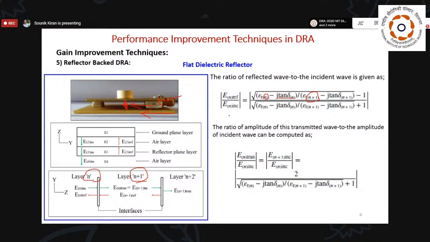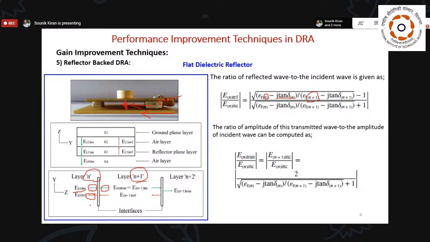Then we need to find the ratio of the amplitude of the transmitted wave to the amplitude of the incident wave. Just look at this left side bottom figure. First, one wave will be incident. Then some part of that wave will be reflected back and some part will be transmitted. First we need to find the ratio of the reflected wave to the incident wave, between these two.